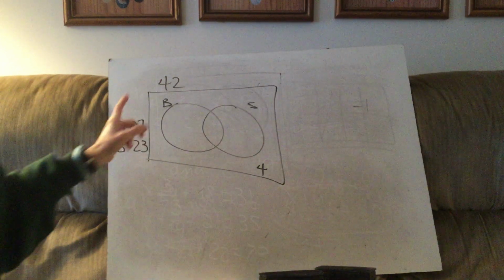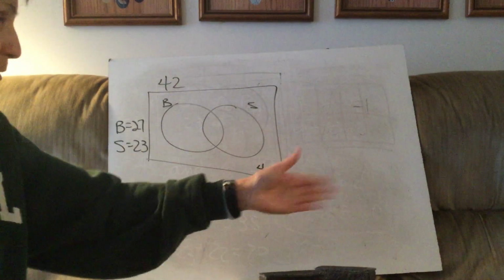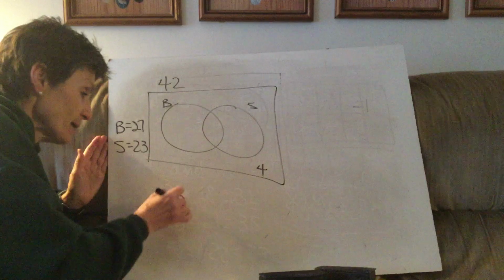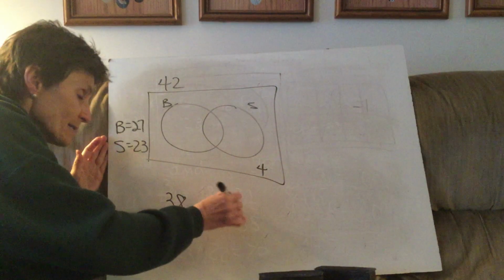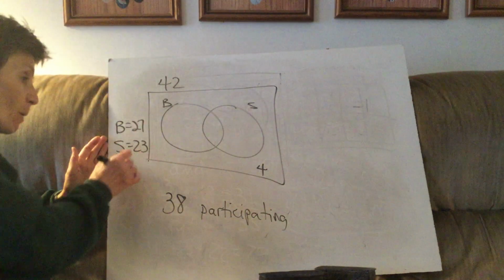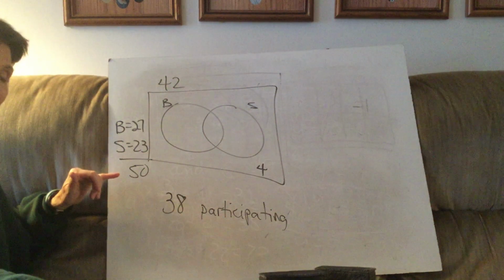So that means if there's 42 kids in the weight room altogether, but 4 of them are sitting out, there are only 38 kids that are participating. So we have 38 kids that are actually doing something. But when we total up the activities that are happening, there are 50 activities happening.